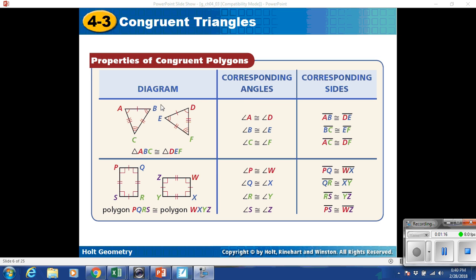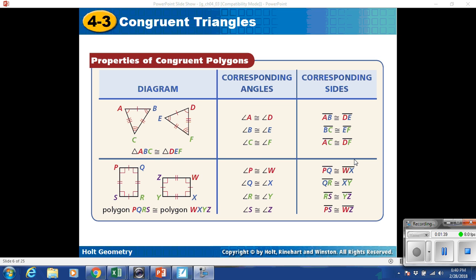And B with E, they have two. And C with F. Also, side AB with side DE, side BC with side EF, and so on.